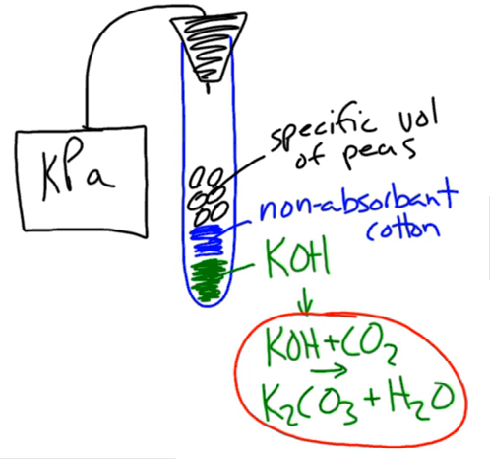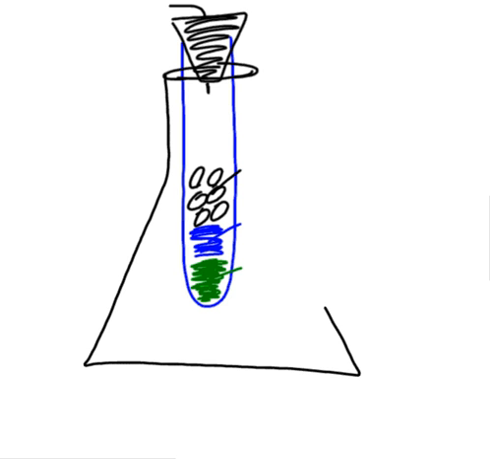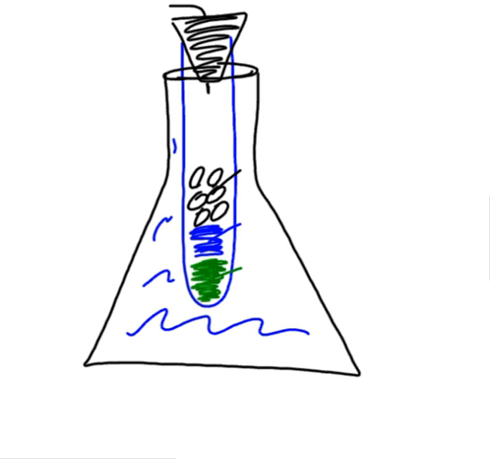So you're actually going to have an Erlenmeyer flask full of water, and then the tube is going to go in it, like so. So here's the opening of the flask, and then of course there's going to be water inside here as high up as you can go.